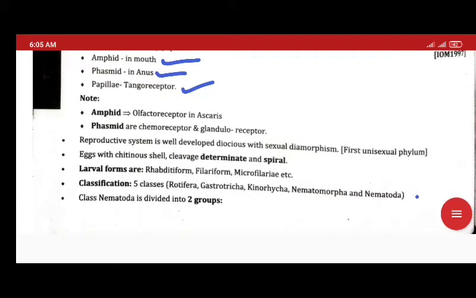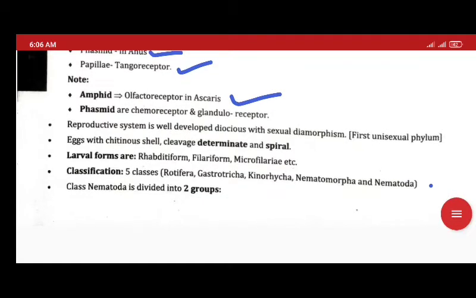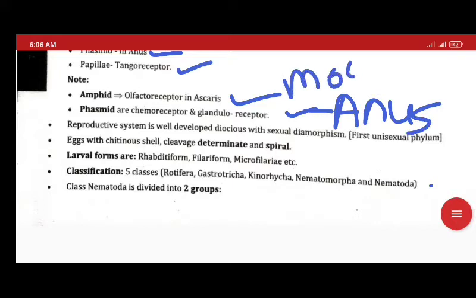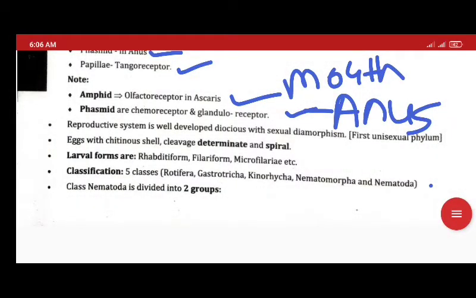Amphid is an olfactory receptor, meaning for the nose, while phasmid is a chemoreceptor and glandular receptor.